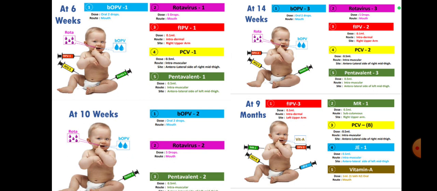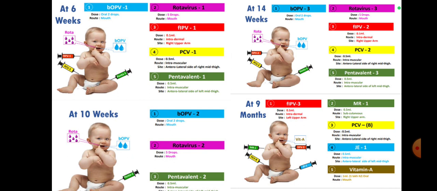The dose is 0.5 ml and the route is intramuscular and the site is anterolateral side of left mid-thigh. And the pentavalent first dose. The dose is 0.5 ml, the route is intramuscular and the site is anterolateral side of left mid-thigh.